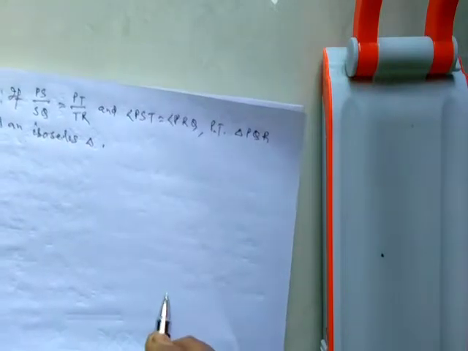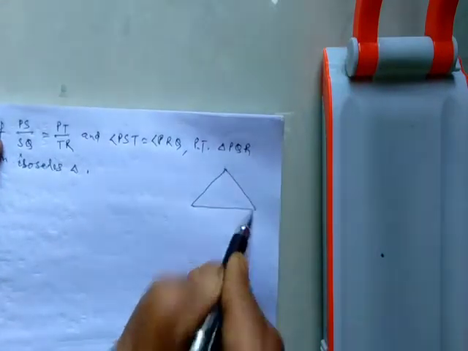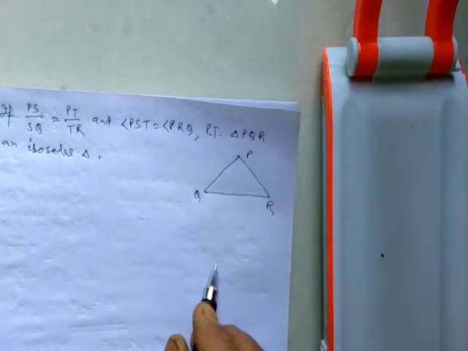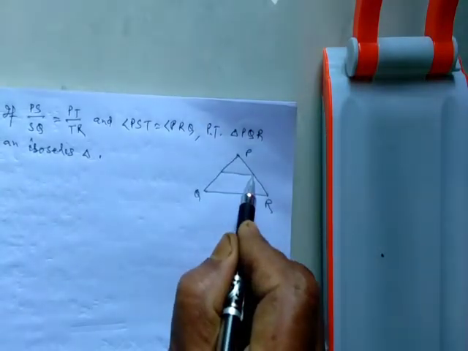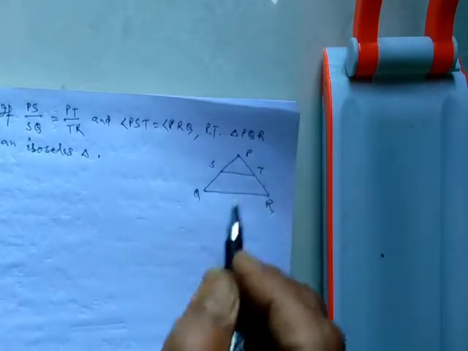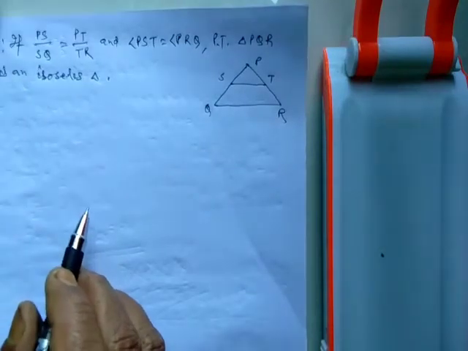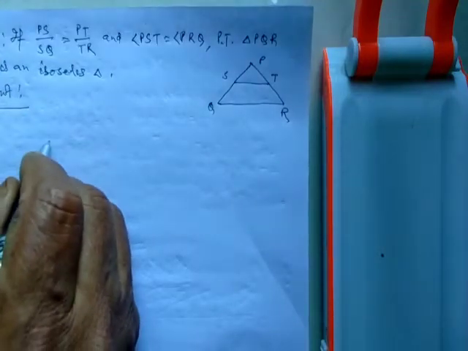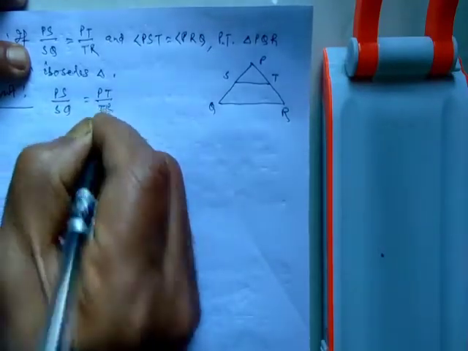Now let me have the diagram. Triangle PQR, ST is joined. Now proof. See, PS by SQ is equal to PT by TR. This is given to us.